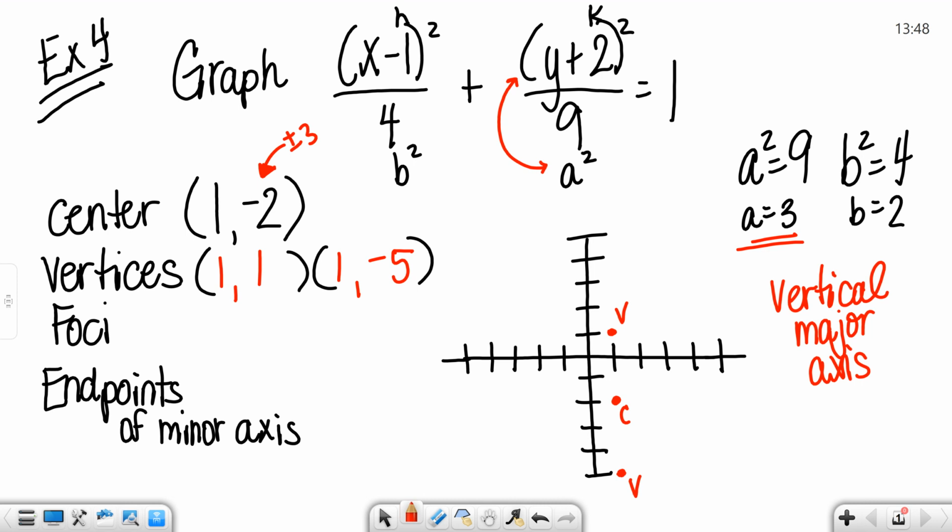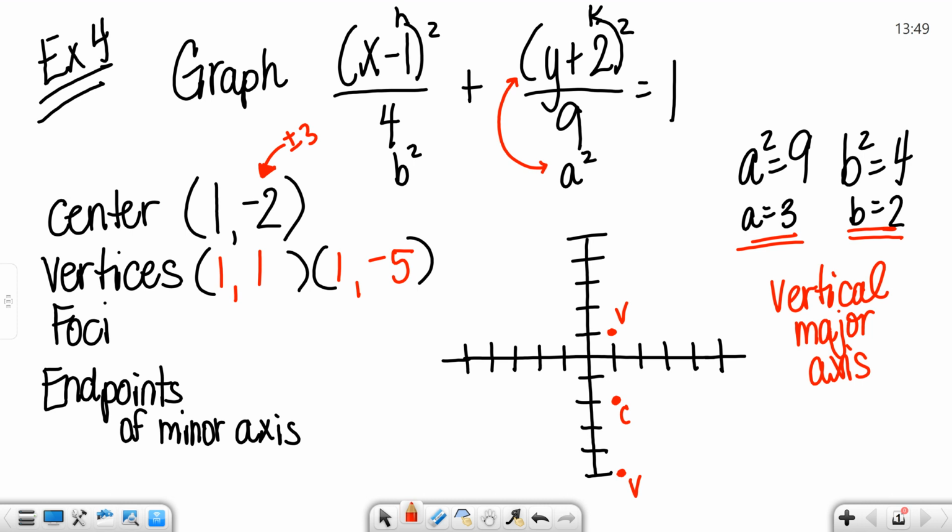Remember, vertical major axis. So A is the distance from the center to the vertex. So we have to count up from the center and down from the center. All right. I can go ahead and do my endpoints of my minor axis because that uses the B value.